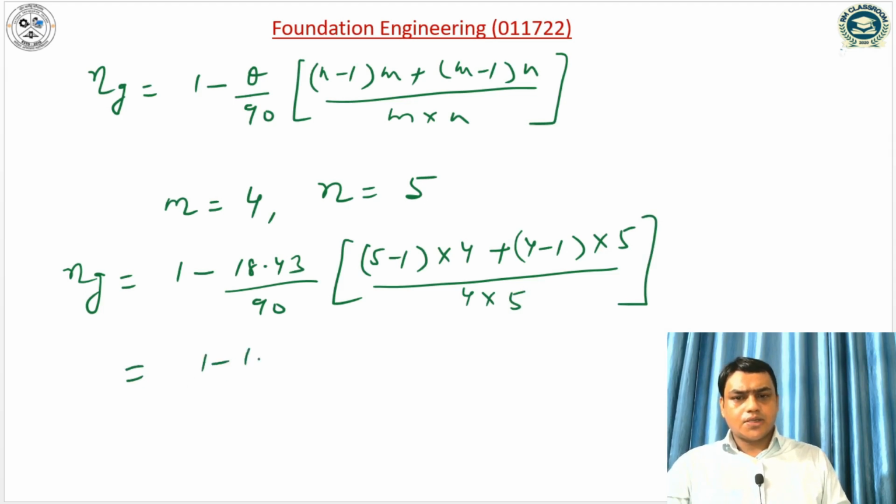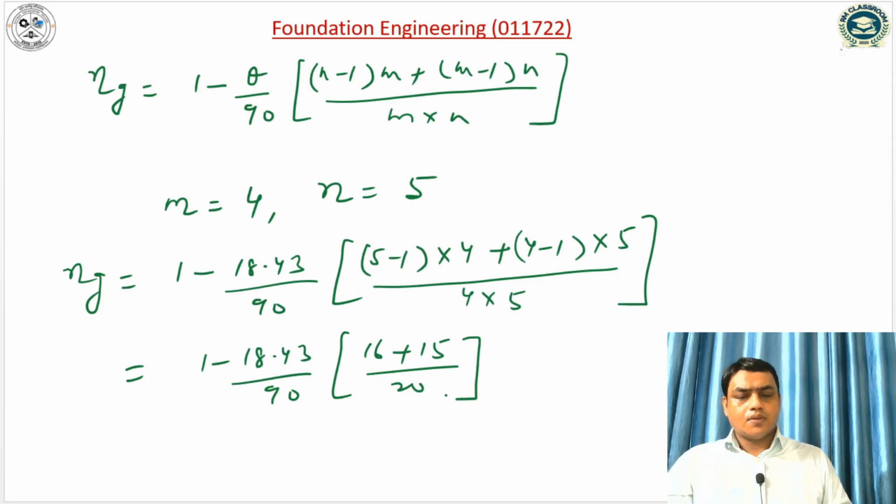So if I compute, 1 minus 18.43 into 31 divided by 90 into 20, it is coming 0.683. So the efficiency is 68.3%.